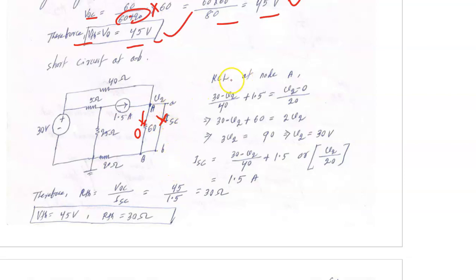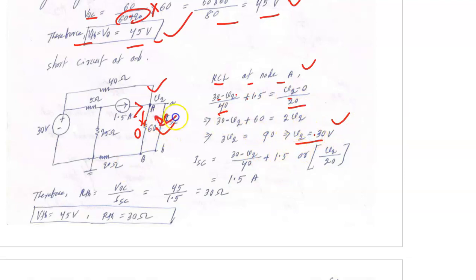So again KCL at node A, this current and this current. So 30 minus V2 upon 40 plus 1.5 and V2 upon 20. From here I got the V2 equal to 30 volt.